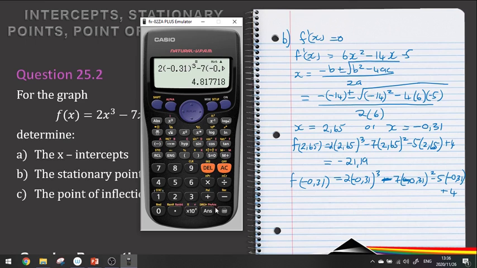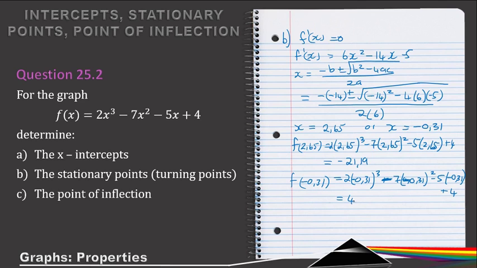Okay, and that's equal to 4.82. Right, and then the coordinates obviously is just our x coordinate was 2.65 and negative 21.19, or the other coordinate negative 0.31 and 4.82.